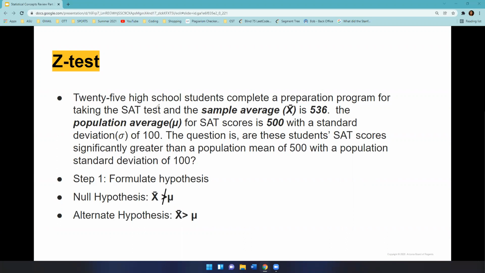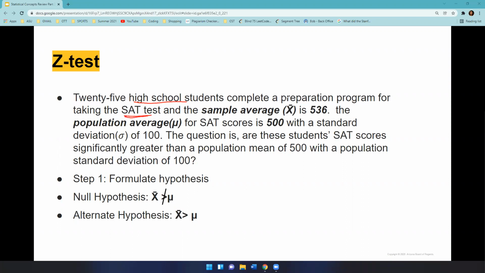So there is a high school, and 25 students were selected from that high school, and they were made to complete a preparation program for taking the SAT test. So these 25 students wanted to take the SAT test.